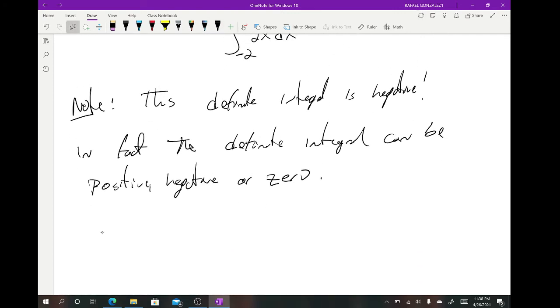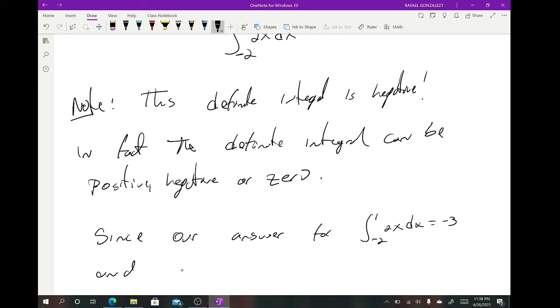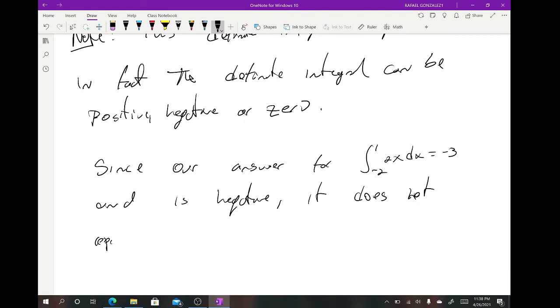Now, since our answer for the integral from -2 to 1 of 2x dx is equal to -3 and is negative, it does not represent the area under the curve or under the graph of 2x, because area is positive.